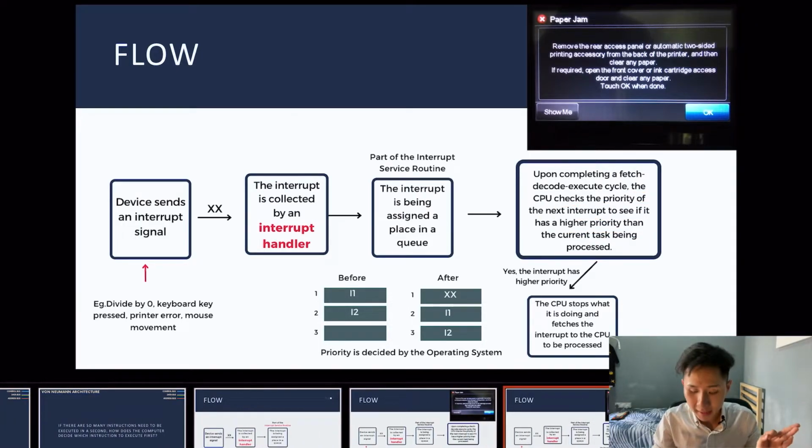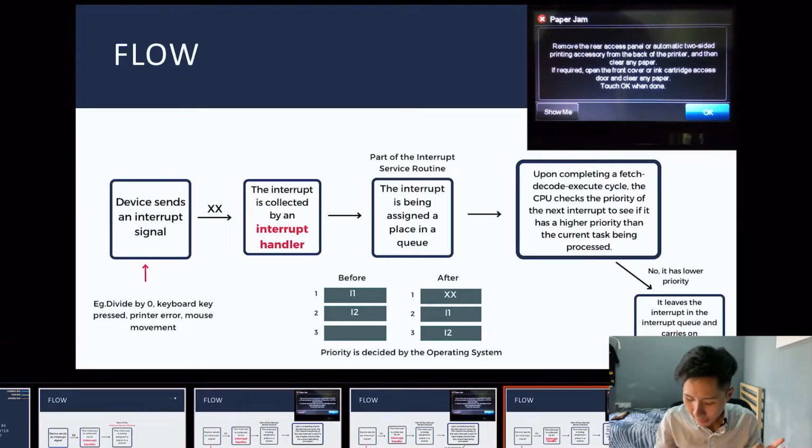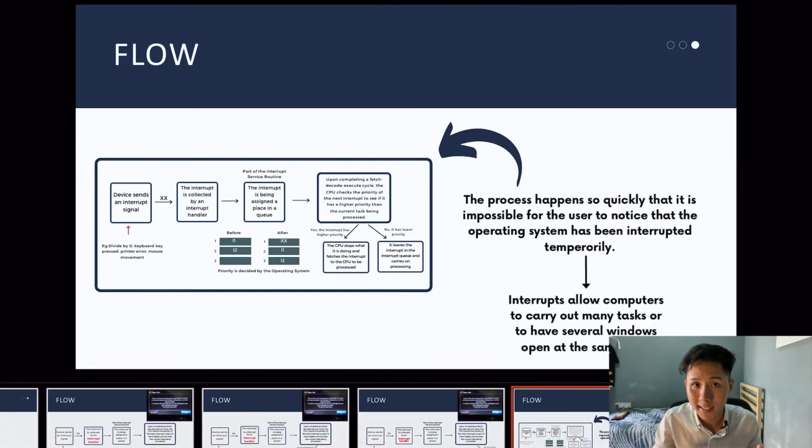If the interrupt sent to the CPU has a higher priority than the current task being executed, then the CPU will stop what it is doing and fetch the interrupt to be processed. However, if the interrupt has a lower priority than the current task, it will leave the interrupt in the interrupt queue and carry on processing.